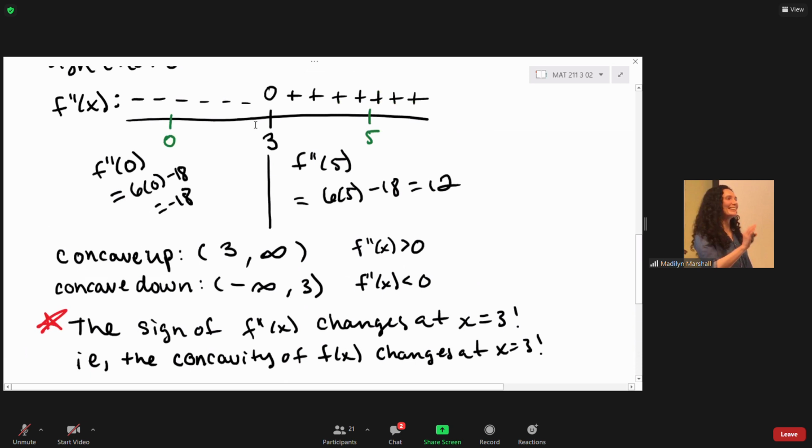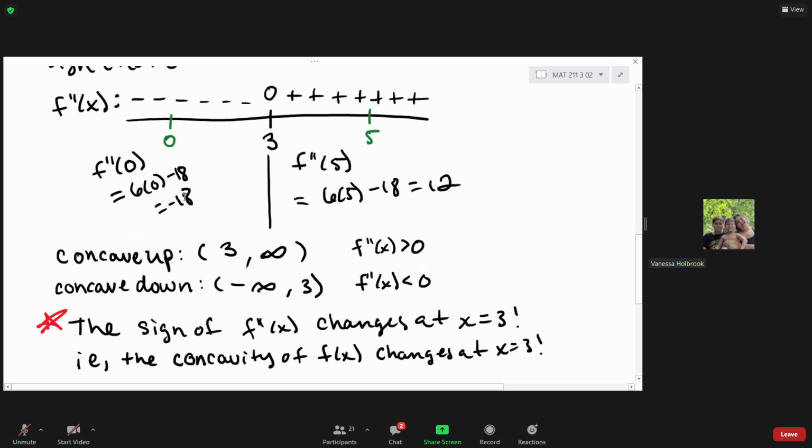When we made our sign chart, we had that partition number of 3 because the second derivative is 0 at 3. And we saw that the second derivative is negative on the left side and positive on the right side.